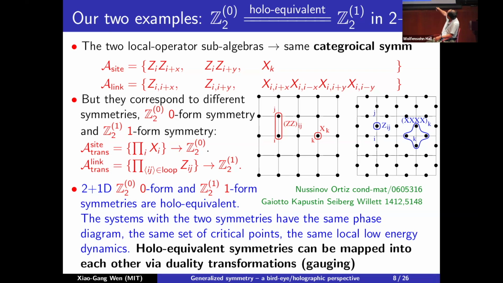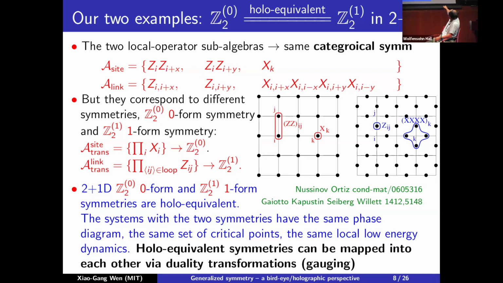Then for the second model, because we have a Z operator on every link, the operator that commutes with all the Z operators should just be a product of Z operators living on the links. But this product of Z operators must also commute with the 4X operator, which basically says that this operator should be defined on a loop.